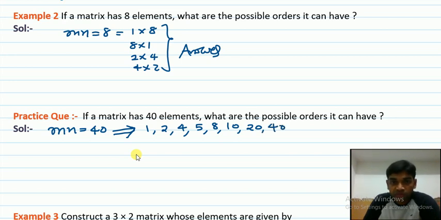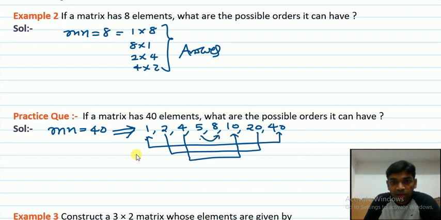So these are the different factors. If we consider 1 and 40, then we get one order, 1 into 40 and 40 into 1. If we take 2 and 20, then we get 2 into 20 and 20 into 2. Then 4 and 10, then we also get one, and 5 and 8.